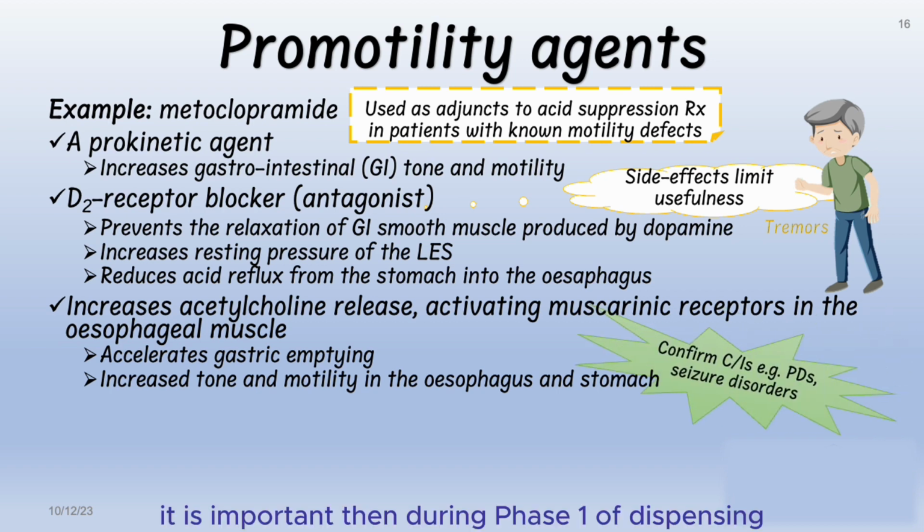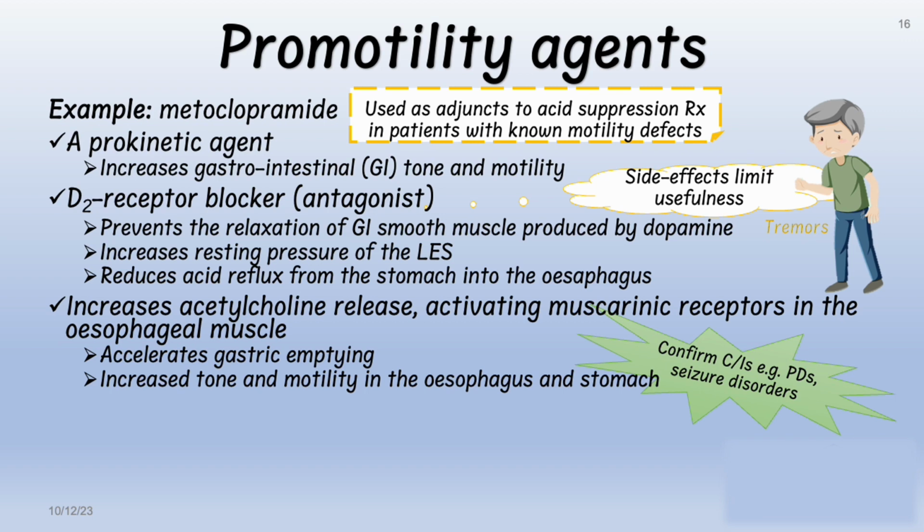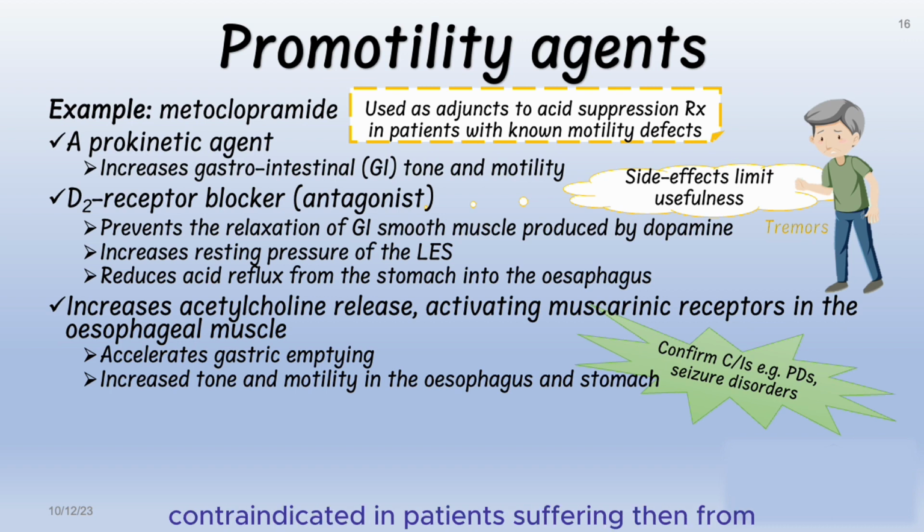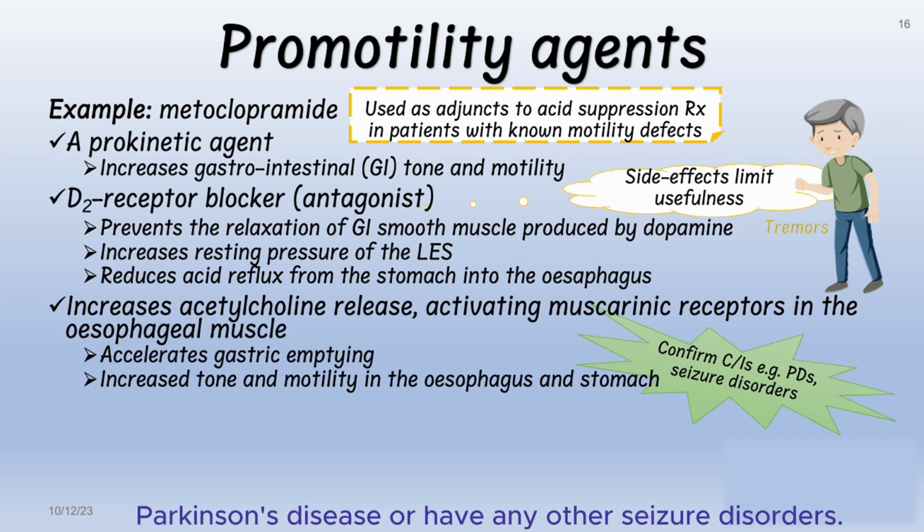It is important then, during phase 1 of dispensing, to confirm any other conditions a patient is suffering from, because metoclopramide will be contraindicated in patients suffering from Parkinson's disease or who have any other seizure disorders.